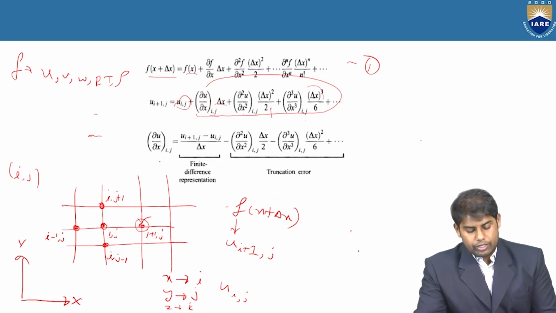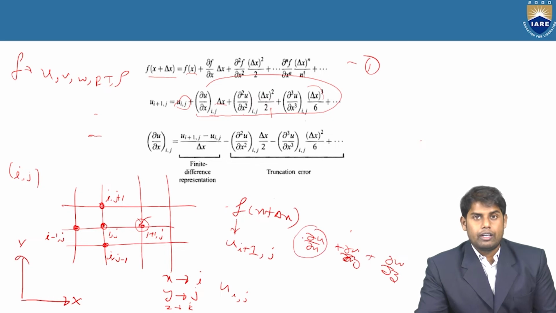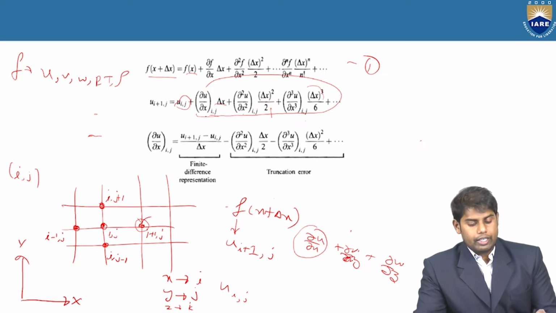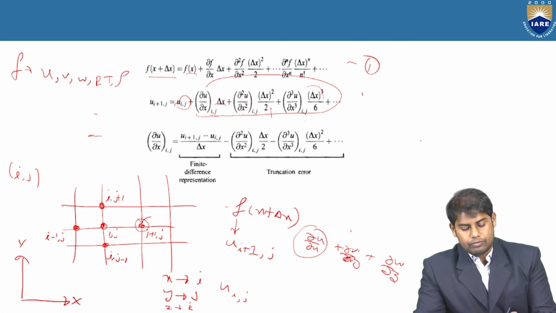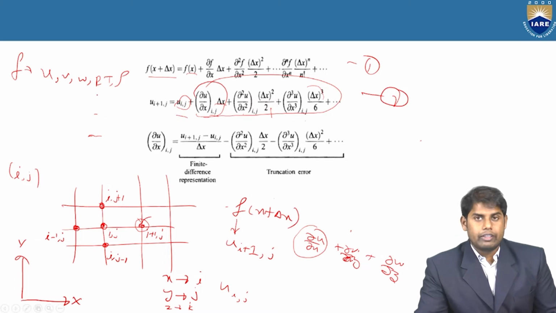Now, in the continuity equation, you have the terms dou u by dou x, dou v by dou y, plus dou w by dou z. In order to replace these terms using the Taylor series expansion, in index notation, we take the dou u by dou x term on one side in equation 2 and shift all the other terms to the other side.